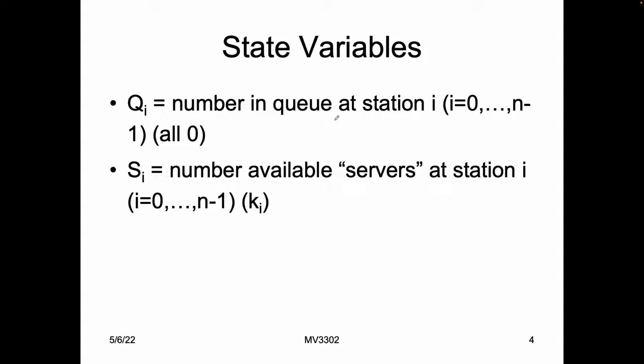So our first arrival shows up, it's going to schedule arrival at 0. So now Q0 is going to be one more. Presumably S0 is bigger than 0, so that for our first guy, this is going to be true. That's going to schedule a start service passing 0. That's going to occur next. Q0 is going to now go to 0. S0 is going to be one less. And it's going to schedule an end service sometime later.